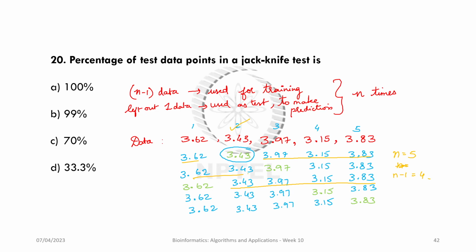In second, we use first two and last two as training, and third as the test to make the prediction based on how the model is trained with the other four data points. And in third case, so these are n times or 5 times, right?